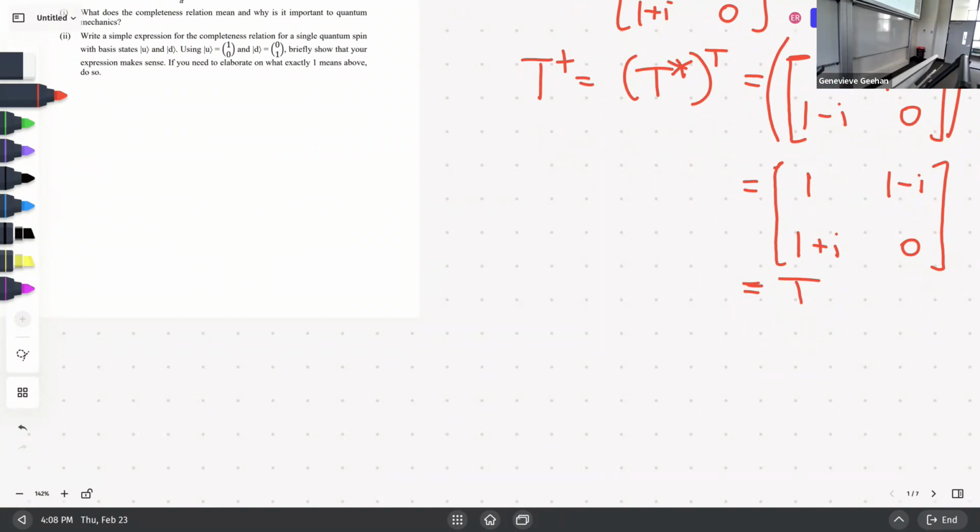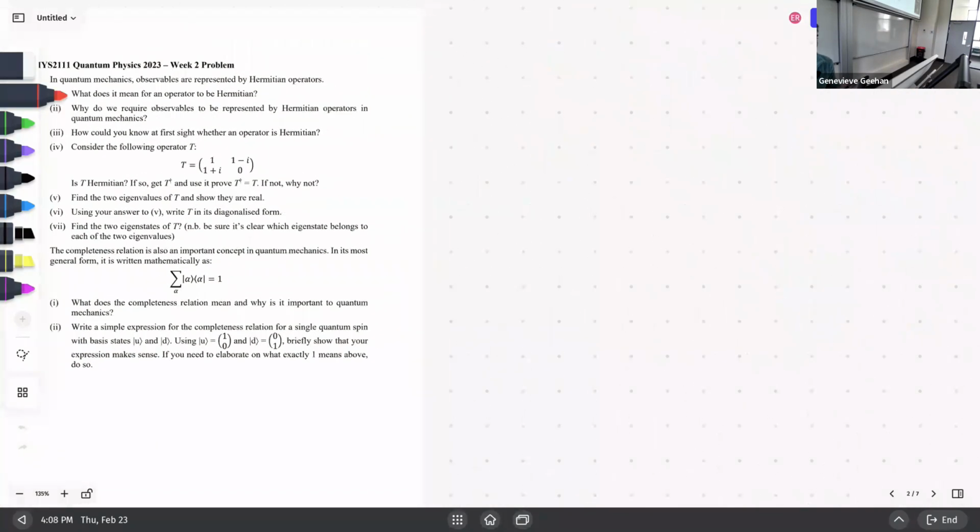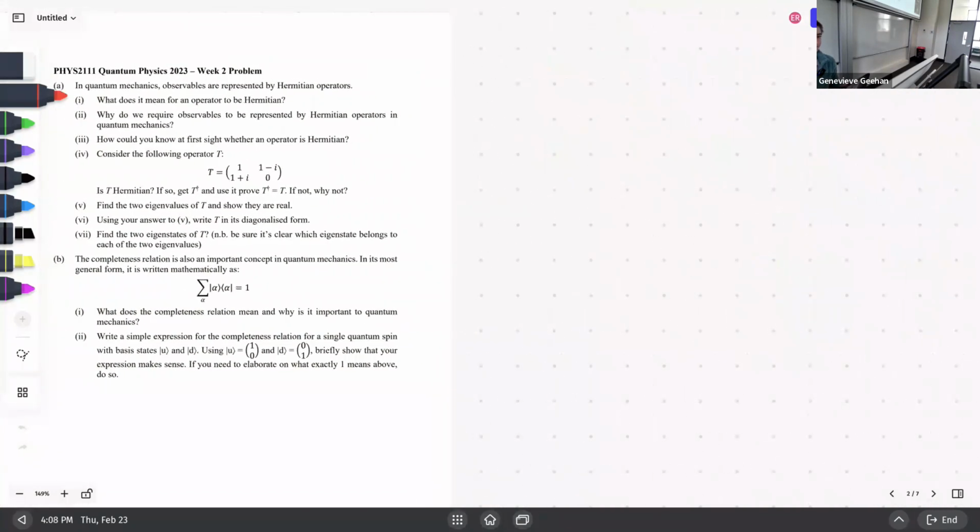We can go to the next page. So where were we? Most people got that correct, and the next one most people did correctly as well, but I'll just go through it. This is just a bit of linear algebra, finding the eigenvalues of T. So we write our auxiliary equation.